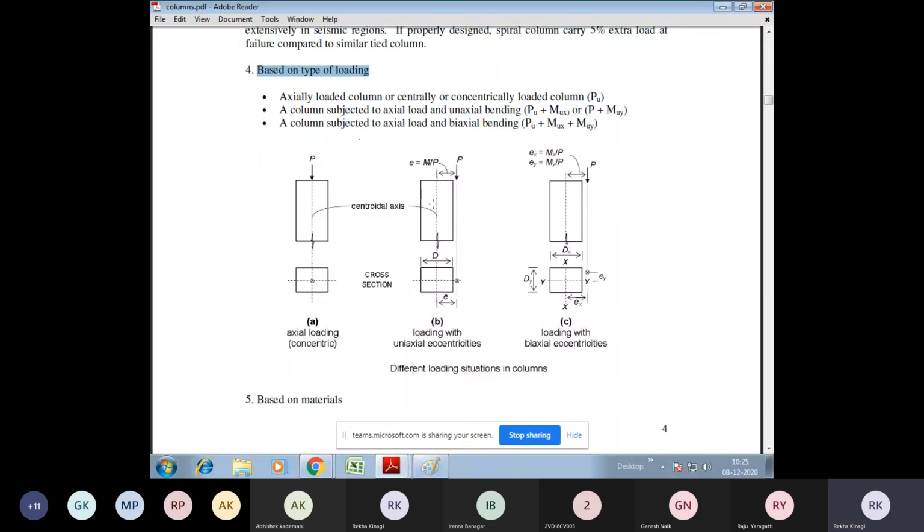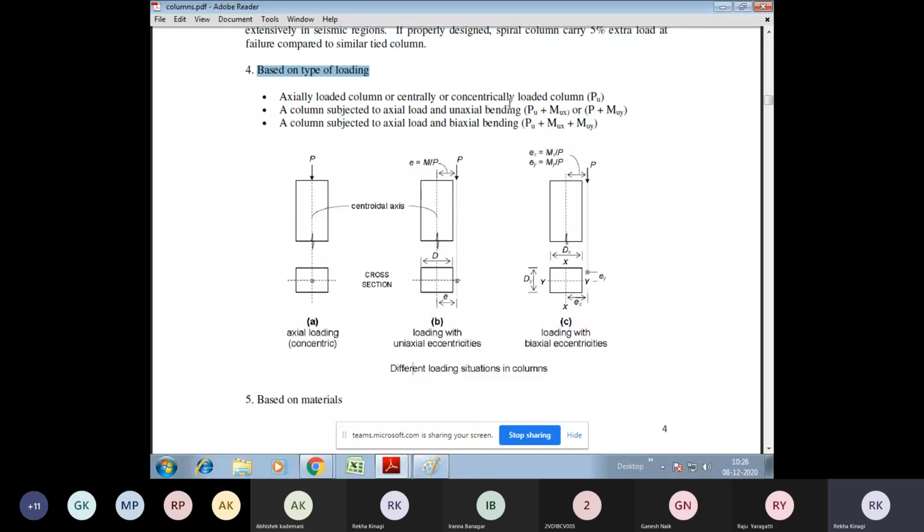And the next one is column subjected to axial load and uniaxial bending. Here we are considering axial load, that is P, and along with this P we are going to consider uniaxial bending, that is bending in one direction.